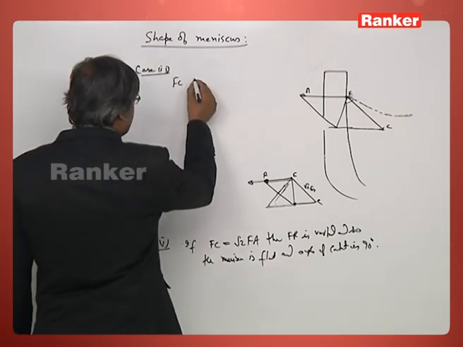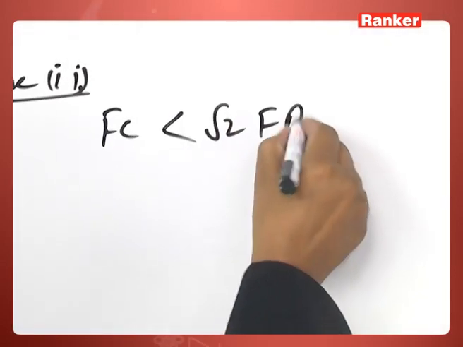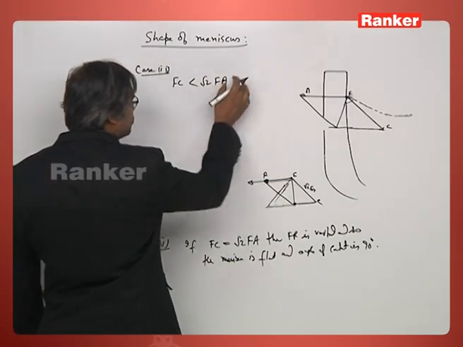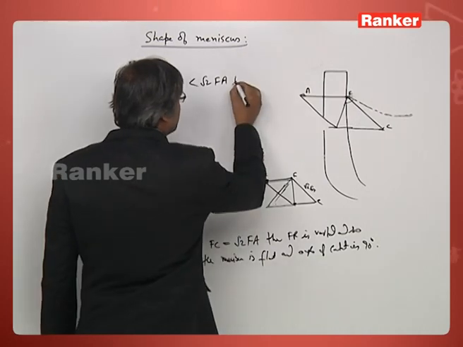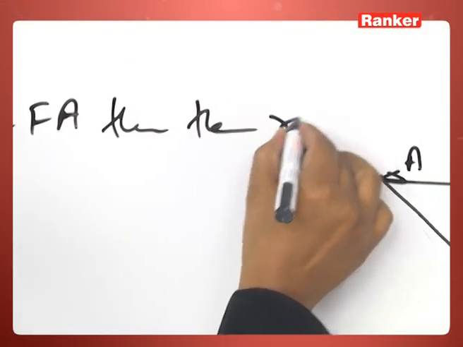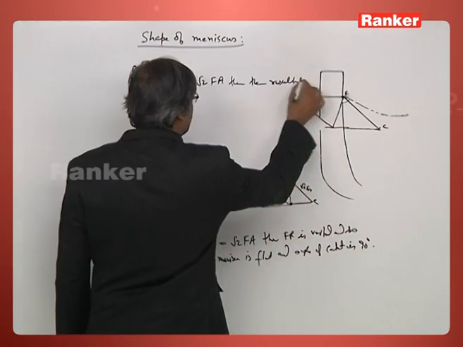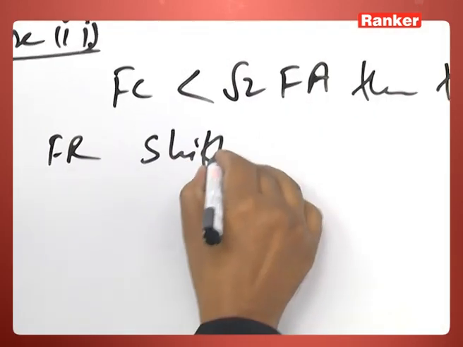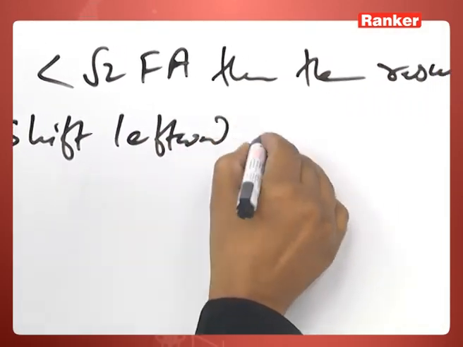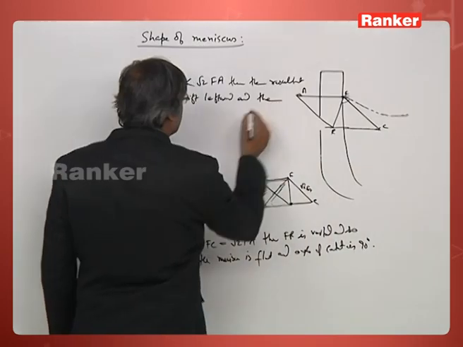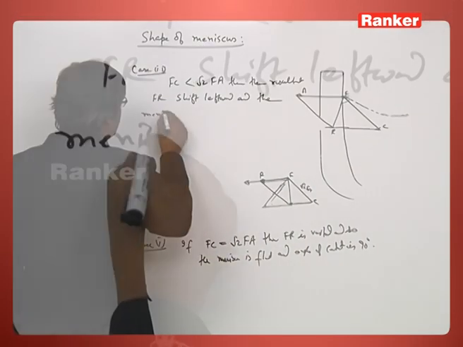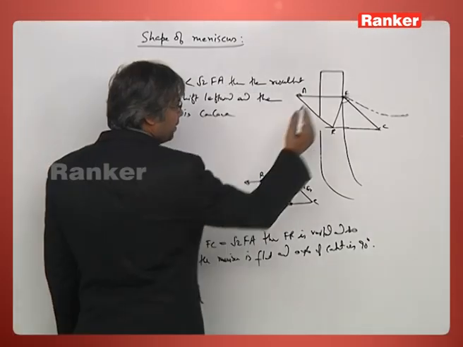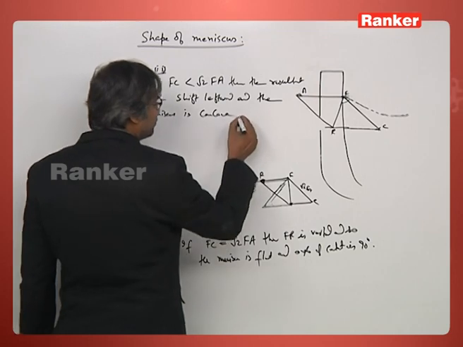If FC is less than root 2 FA, FA has more weightage, then the resultant FR shifts leftward and the meniscus is concave. This is a concave shape.